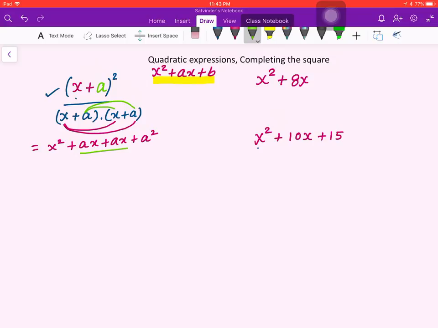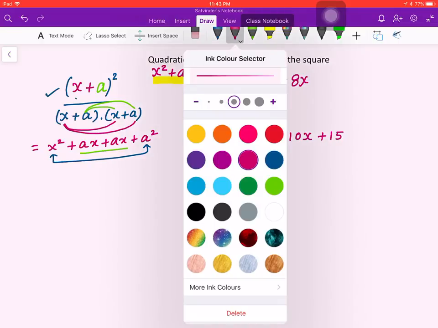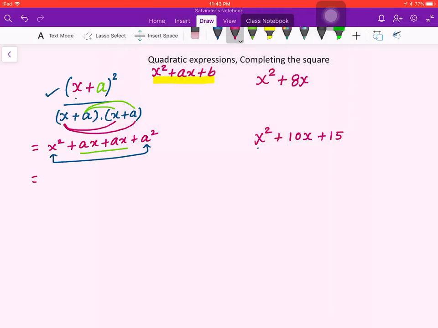These two are completely squared forms, but the middle one is not a squared form. So we can say x squared plus ax, and ax is double, so 2ax, plus a squared. This is the final expansion of your original expression, (x + a) whole squared.